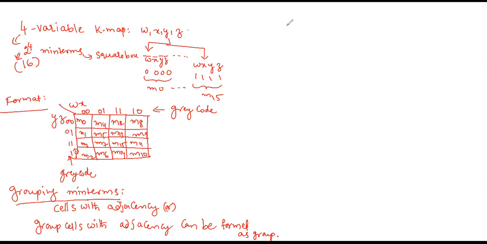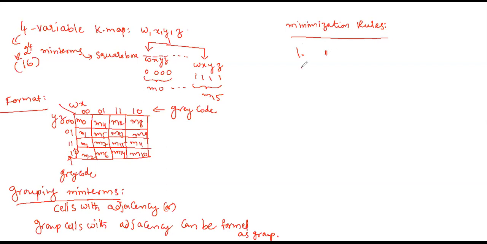Next, minimization rules. The first one is the same as the 3-variable K-map: we should not leave any minterm out of the grouping.